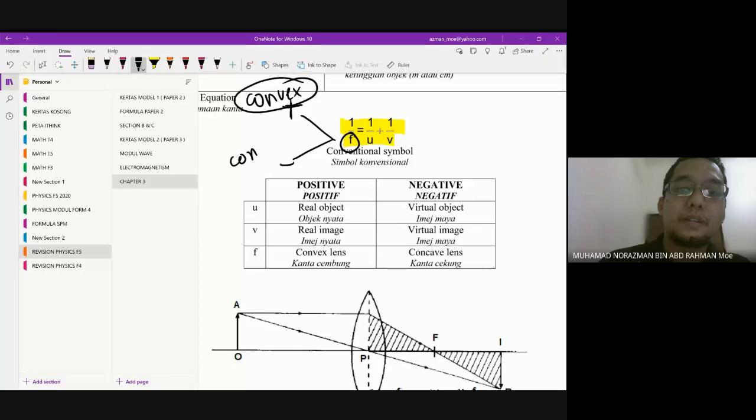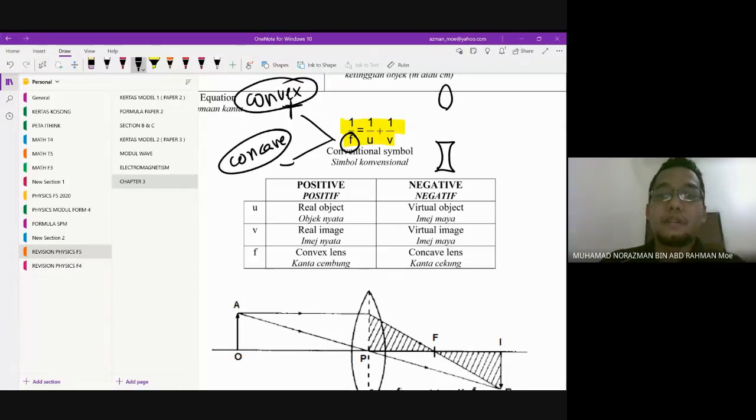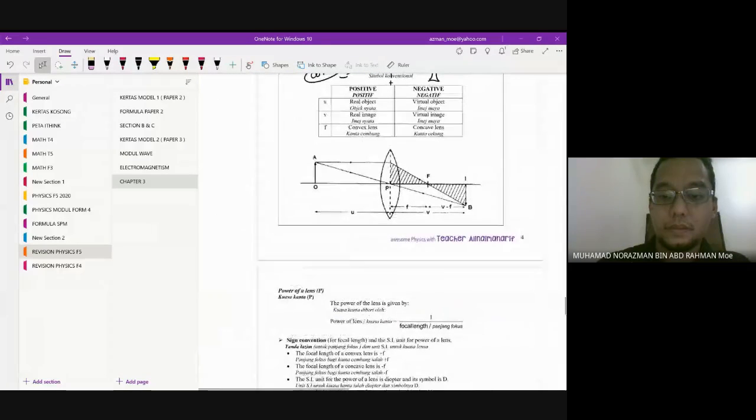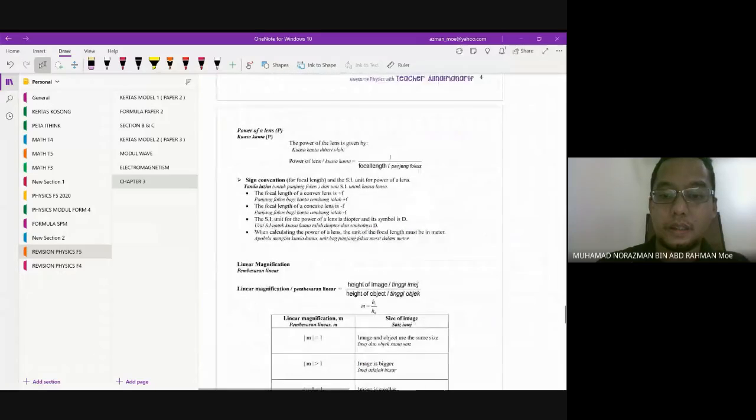If it is concave lens, this is concave, this is convex, then the value of focal length is negative. Value of u is always positive. Okay.